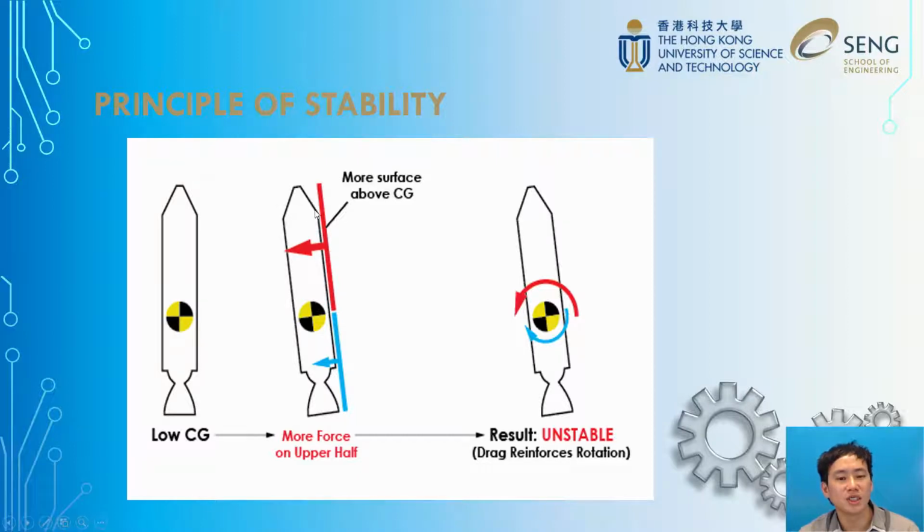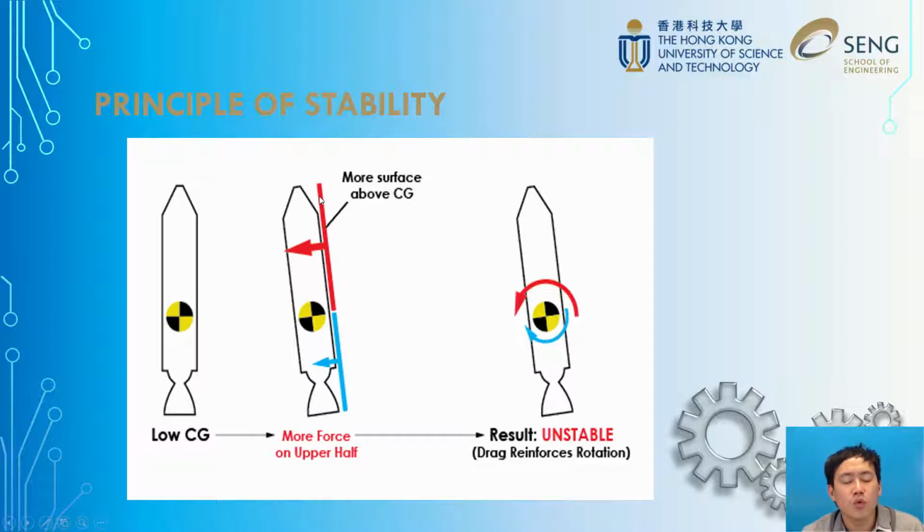If, unfortunately, the rocket sways a little bit, maybe due to a gust of wind, you can see that this projection on the side of the rocket will start to have air particles hitting it. Bear in mind that this rocket is still moving upward at a very high speed.